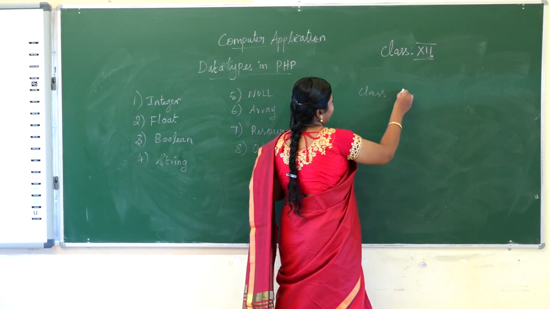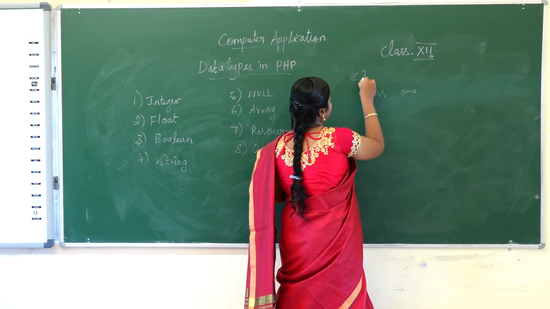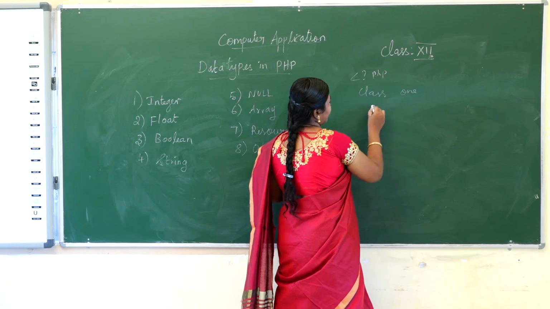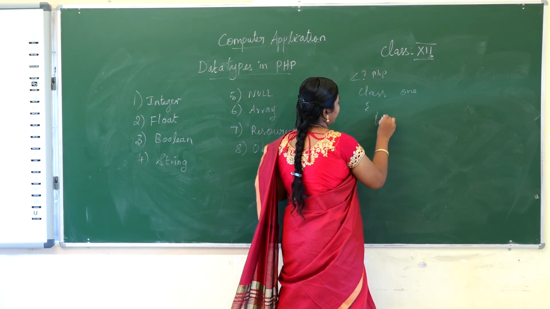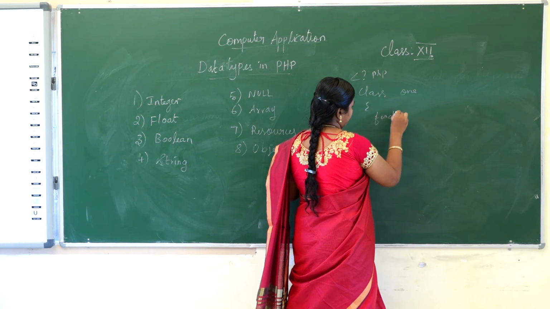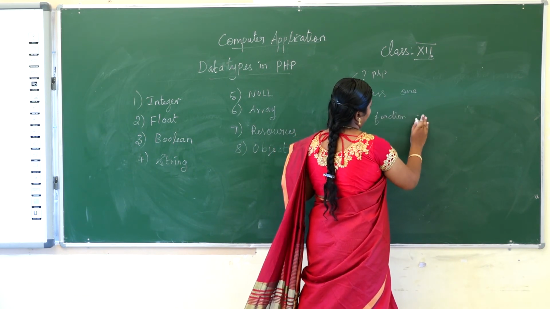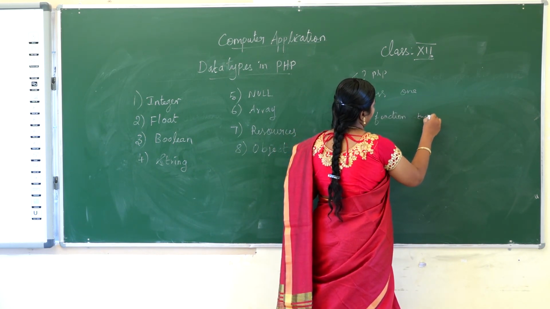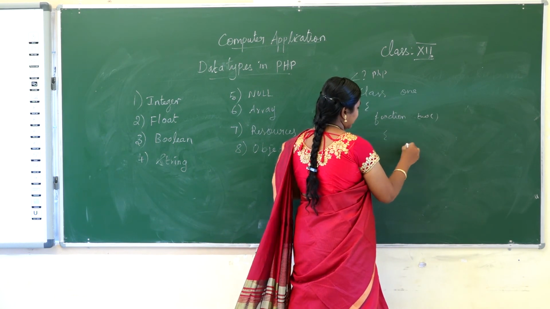So we are giving a class name. Then inside the class I am giving a function, with open and close braces, and within that I am giving just a statement.